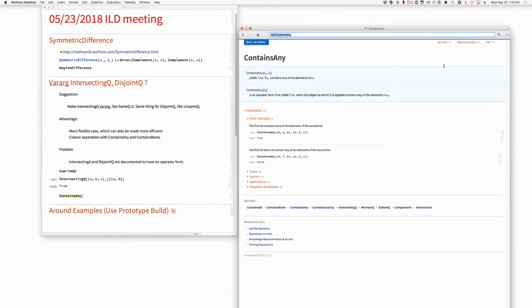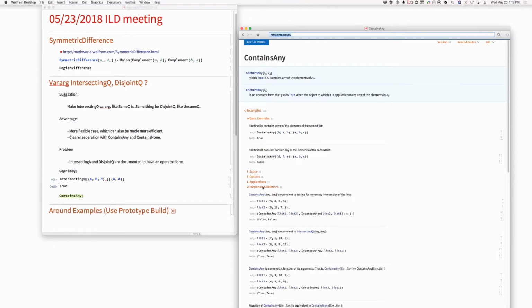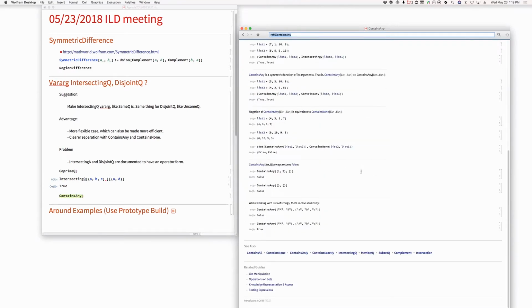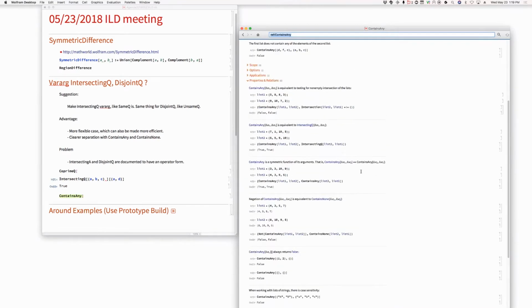And probably in properties and relations there we show it. Yeah, it's the first example. Oh, I see, intersecting Q there. Oh yes, the second one, exactly. Looks good to me. Good suggestions. All right, that was easy.